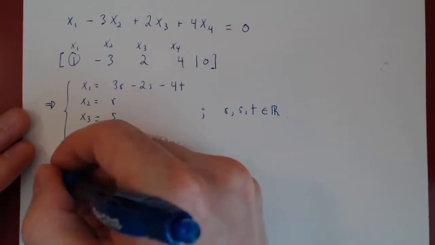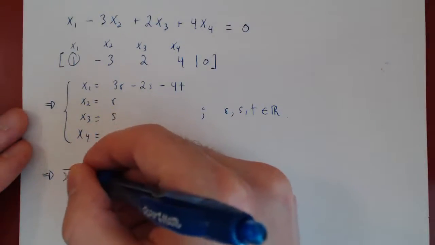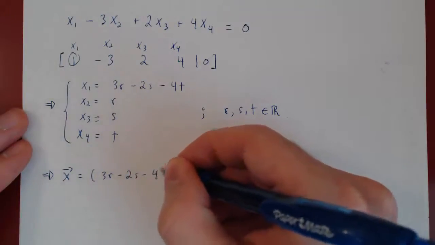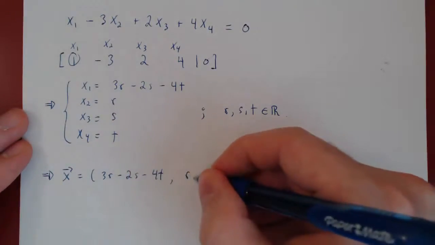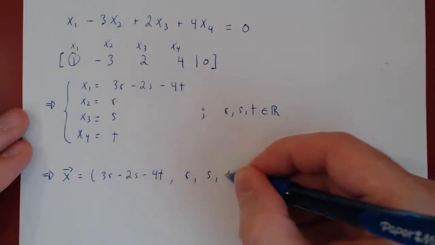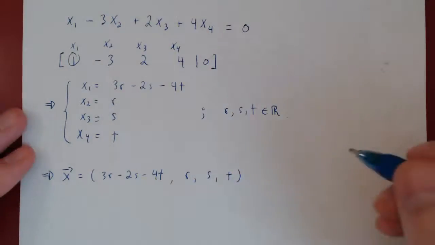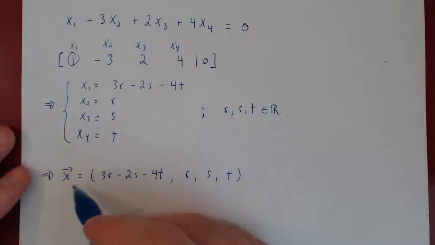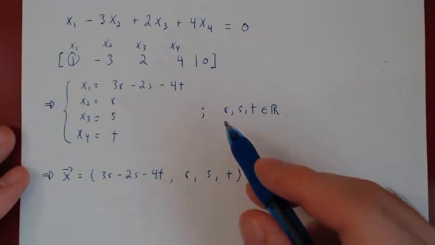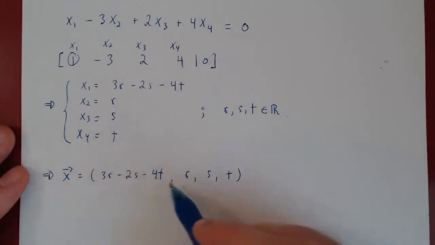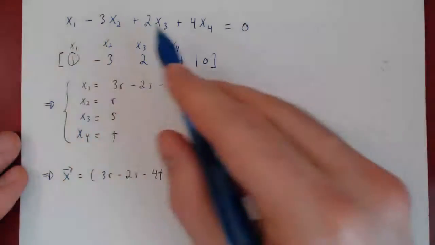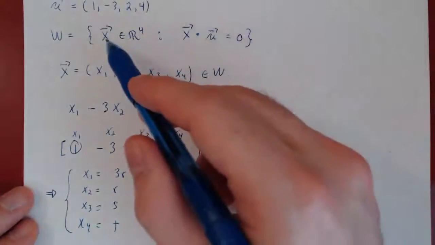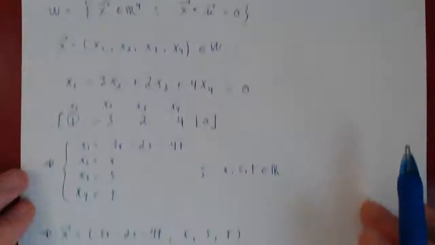The vector x, therefore, is equal to x1, 3r minus 2s minus 4t, x2 is r, x3 is s, x4 is t. And now that we are looking at the elements of W explicitly, right? For any choice of r, s, and t, this is a vector that solves this equation. Therefore, a vector that is orthogonal to u. Therefore, a vector in the space W.